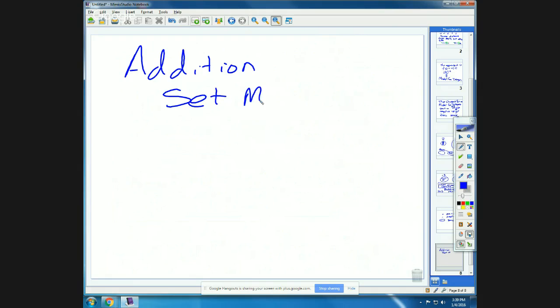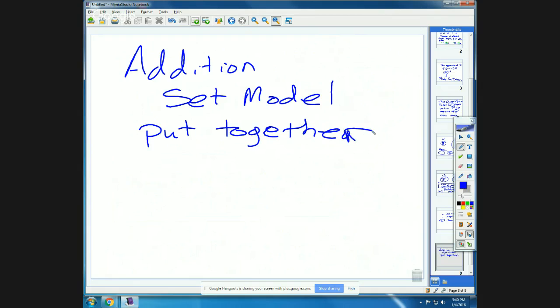Back from using whole numbers, we had the set model, and the set model is just put together. That's also known as combined. So if I take the set model together with the charged particle model, I can then do addition with integers.